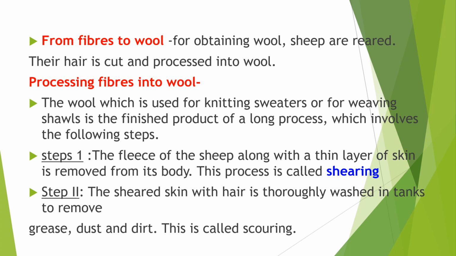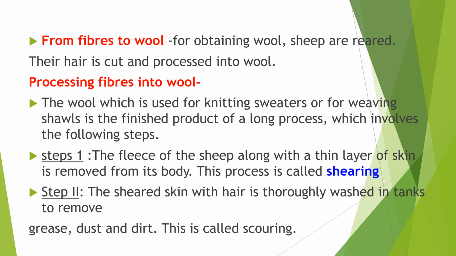The first step is the removal of the thin layer of skin from the body with wool. This is called shearing. Second step, the sheared skin with hair is thoroughly washed in tanks to remove the dust, grease, etc. That is called scouring.